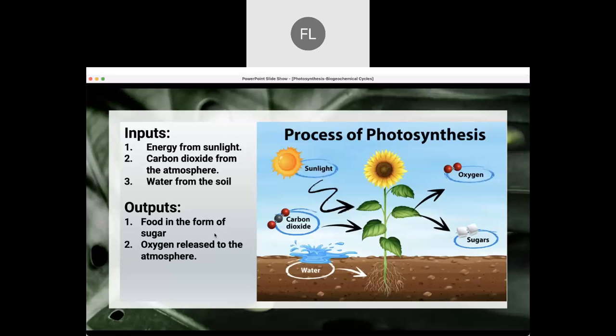Cyanobacteria, or we also call it blue-green algae, but it's a bacteria, developed the ability to metabolize or use energy and to utilize a process that then released oxygen. And oxygen is what allowed for multicellular organisms to evolve. Multicellular meaning many cells, right?